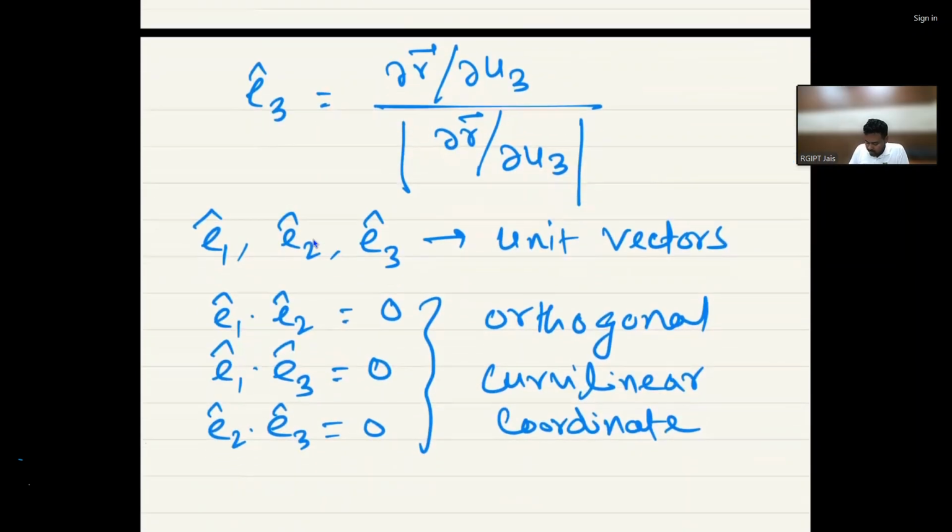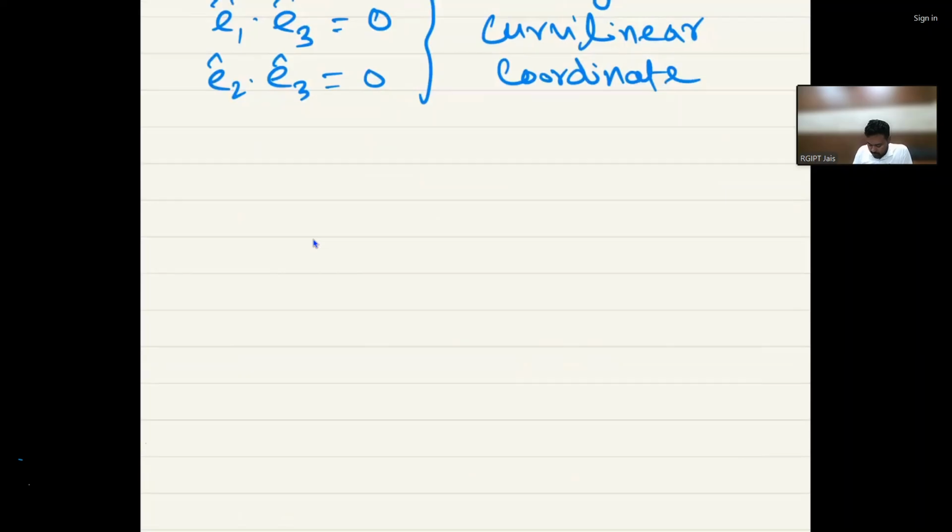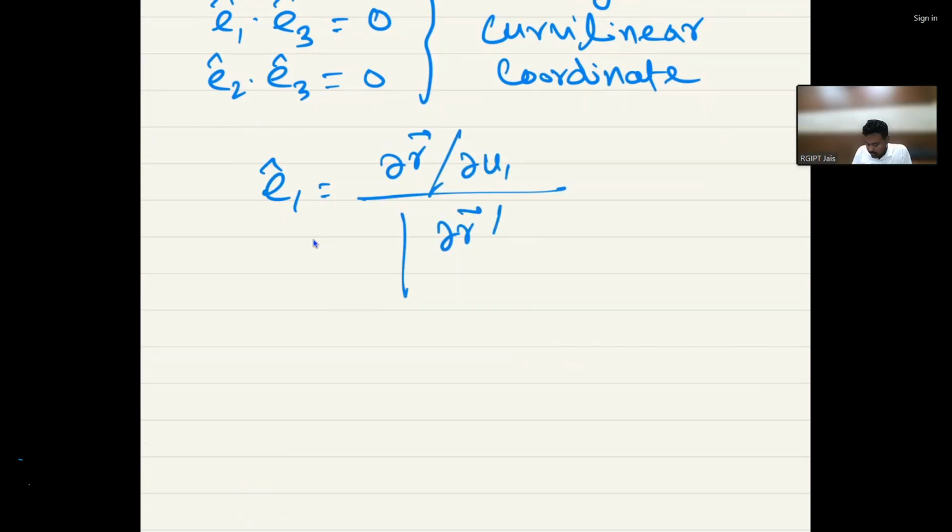Let's simplify this expression a little bit. I told you that E1 cap is del r by del U1 divided by mod of del r by del U1.